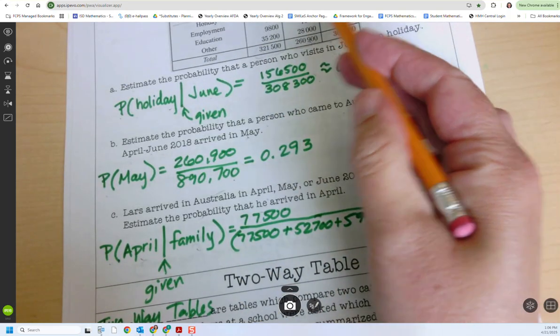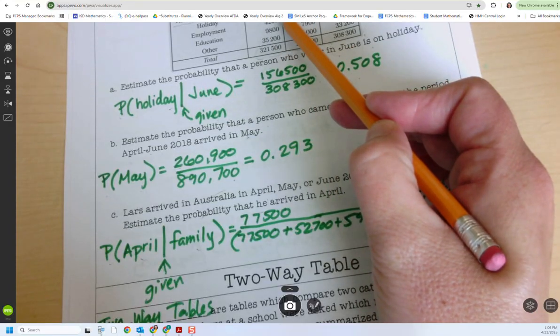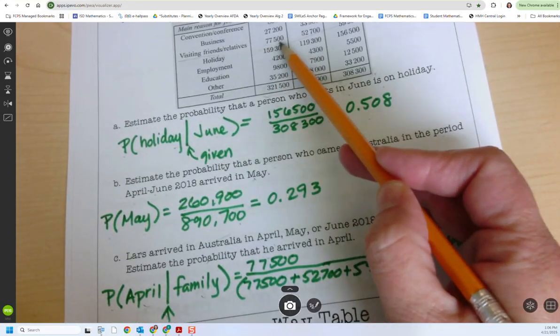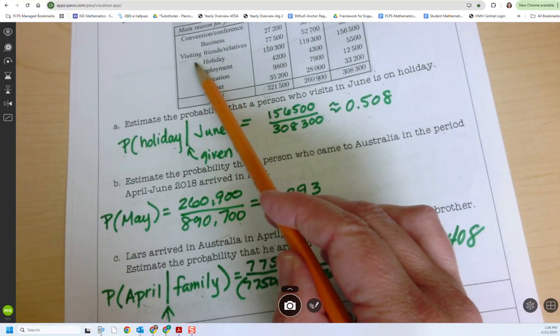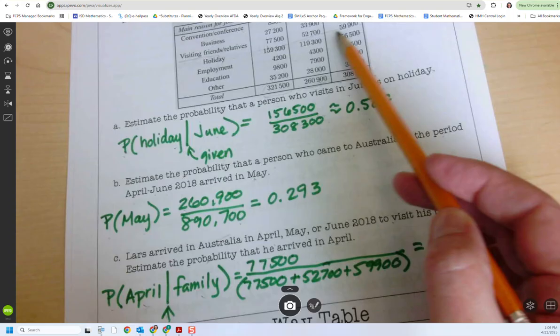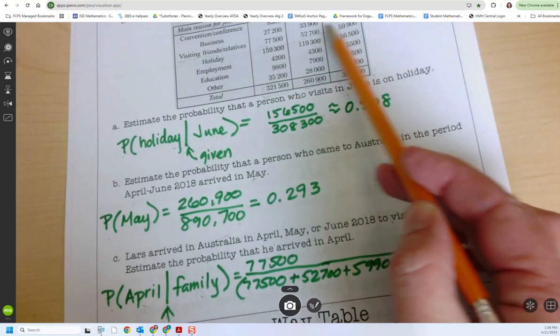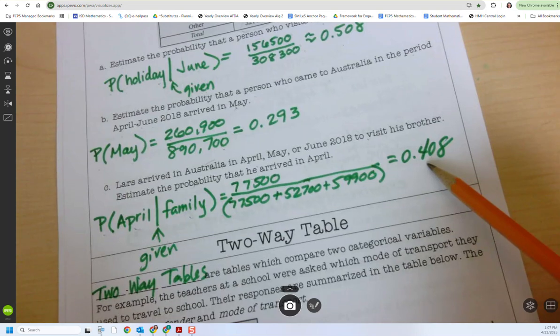So April and family is 77,500. It's up here, 77,500. But then we know he's visiting family, so we don't divide by all of the people. We divide by the people visiting friends and family. So we had to add up these 3 numbers, and then that goes down here. And you should get this result.